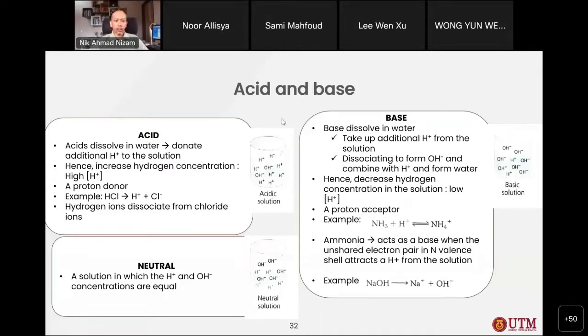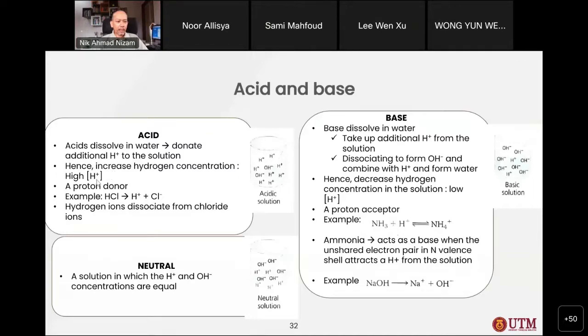Once we put it in the solution, it will have a lot of H plus, so the hydrogen concentration will increase. This is the symbol of the concentration, the bracket is the concentration of hydrogen plus. The concentration is really high in the acidic solution.